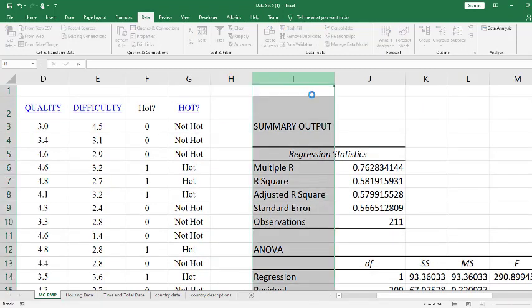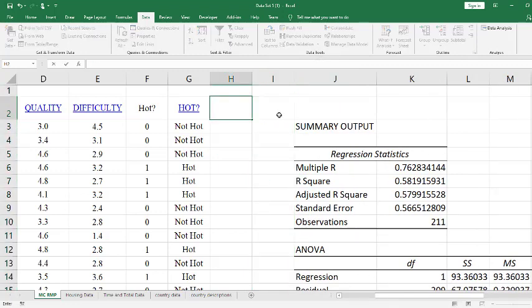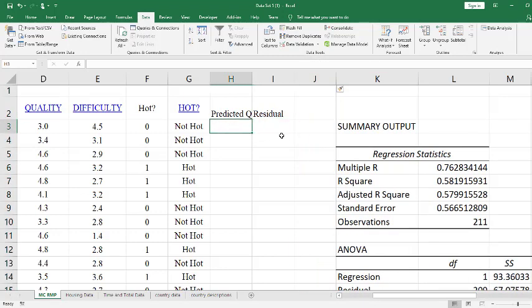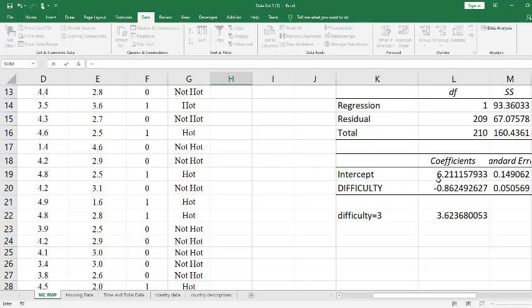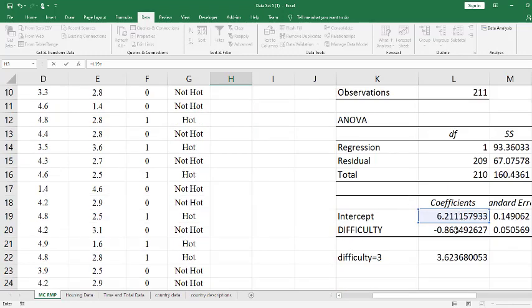I'm going to actually expand this a little bit just so you can see the steps. I'm going to do an insert. I'm going to put in the predicted value, and then I'm going to add in the residual. There you go. So the predicted quality is going to be equal to our intercept plus, and note I'm saying plus even though this is a negative number, because if I say minus and then I click it, then it's going to be minus and minus, and it's going to add.